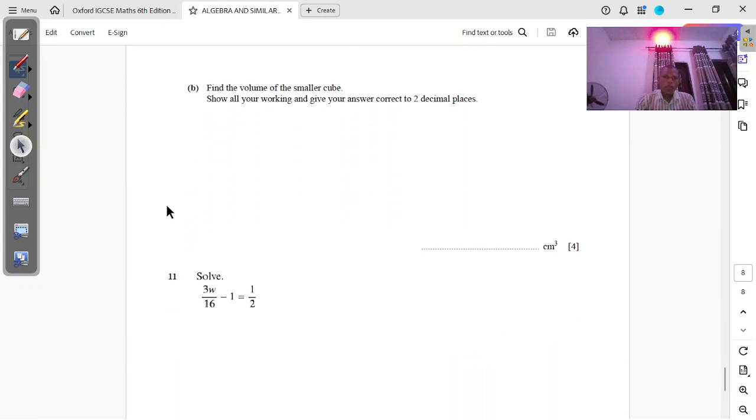Okay, so now on to B. It says find the volume of the smaller cube, show all your workings, and give your answer correct to 2 decimal places.